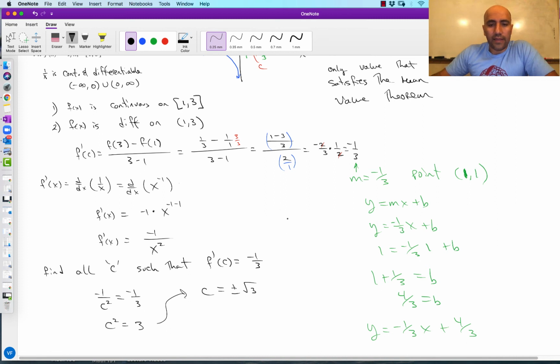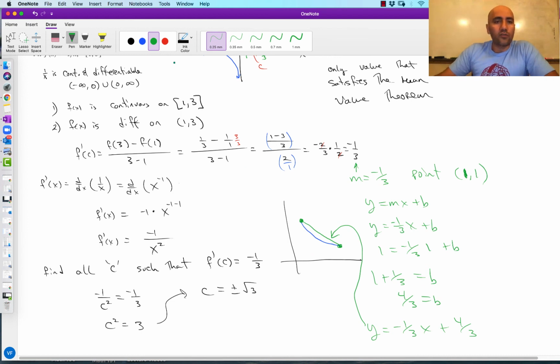Just to draw that again, zoomed in a little bit more, we have this portion that looks like that. This is a portion of the bigger graph of 1 over x. There's a line segment that connects these two values. We found that the equation of that green line is right there, and the slope is negative 1/3.